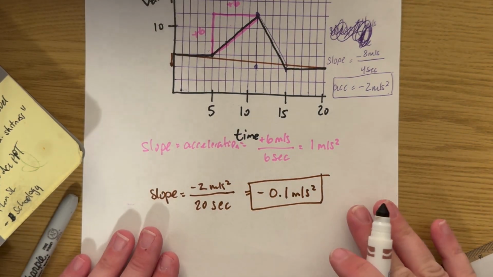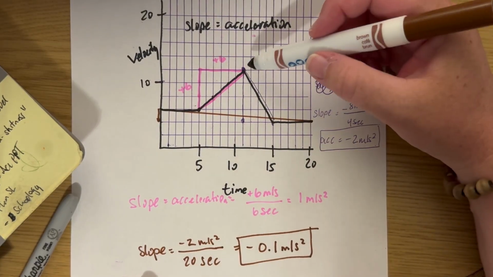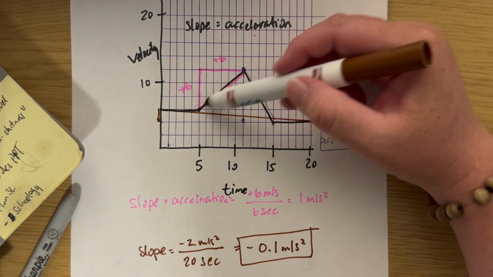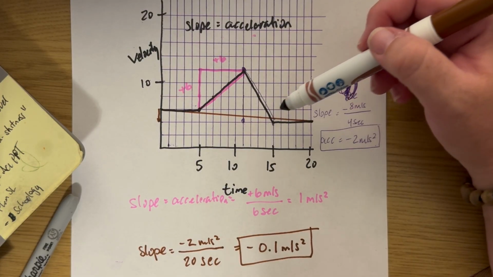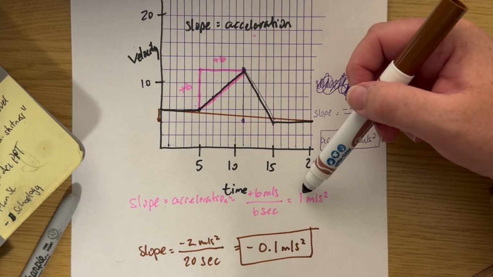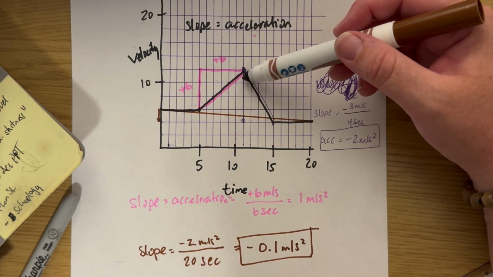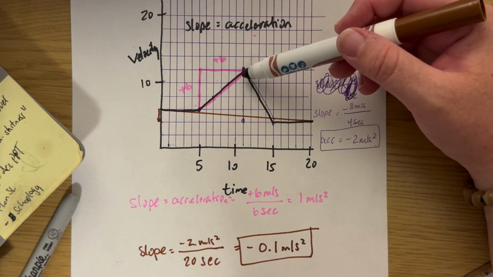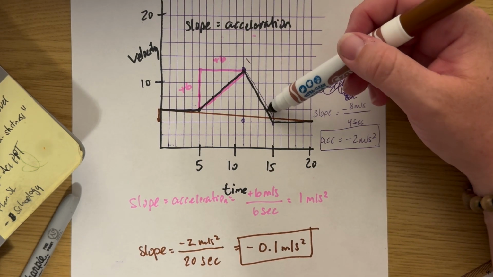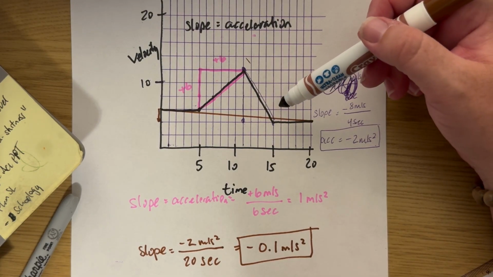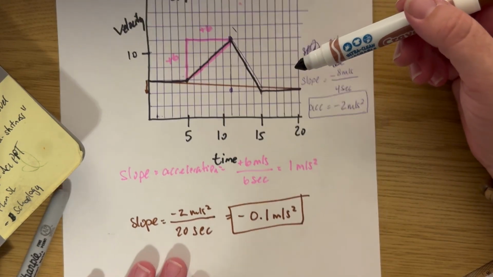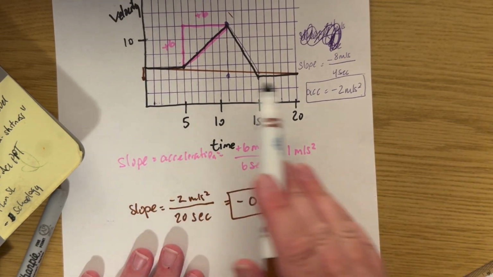So whether you're trying to find the instantaneous acceleration, it's the slope at a point. So the slope here is going up, the slope there is going down, and you can get those accelerations. The slope here is positive 1 meter per second squared, and the slope here is negative 2 meters per second squared. Or if you're trying to get the average acceleration, you'll take it between the 2 points.